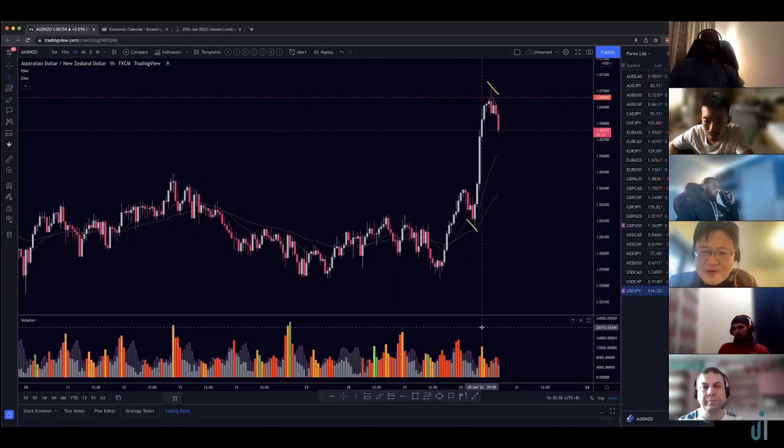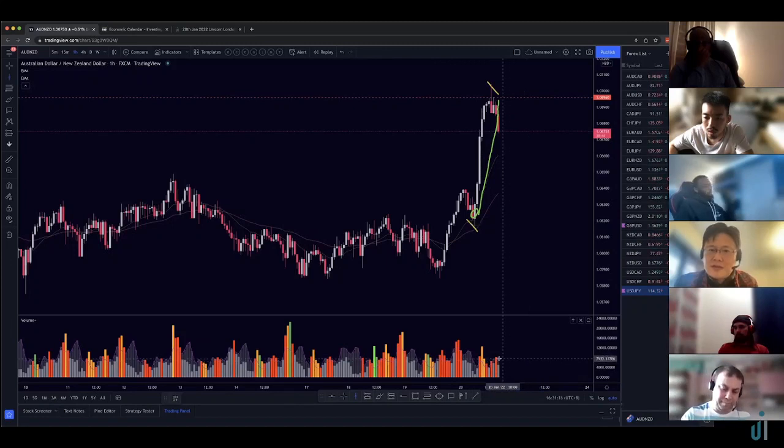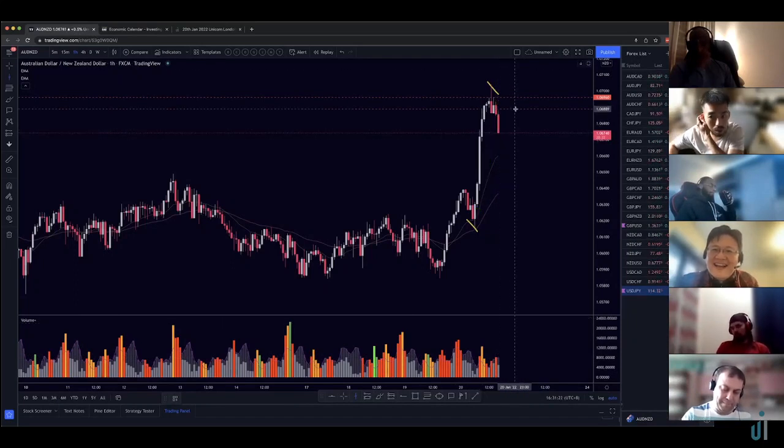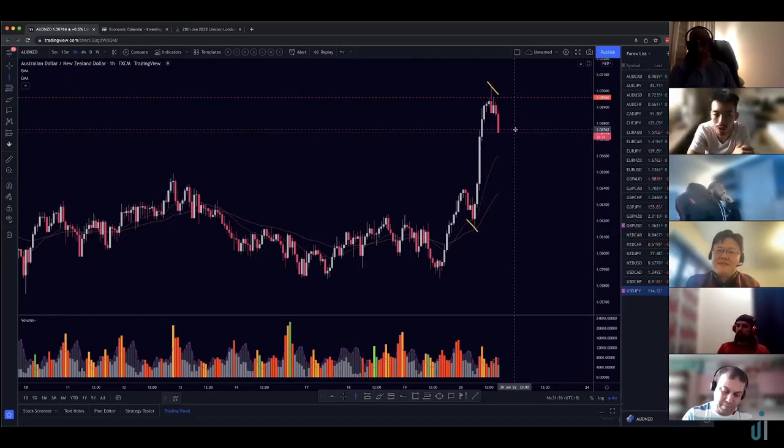I was just focusing on the fact that this thing is so overextended, and any reaction from there, whoever bought down there is going to cash out because it's really good money already. That's true, but sometimes you see stuff like this and they keep going higher. That's how MPA cheese traders would do it.